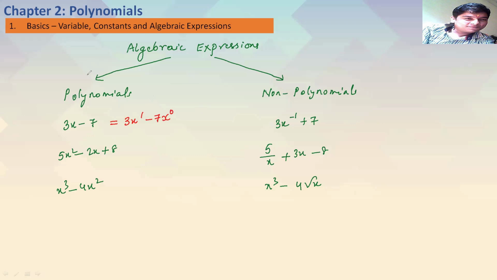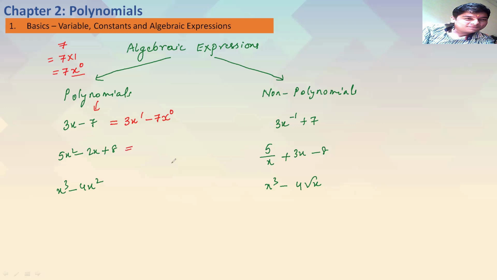How? It's only 7 here, right? Yeah. 7 can be written as 7 into 1. And you just told me that 1 is nothing but anything power 0. So we can write x power 0. Great. You must be able to visualize this.